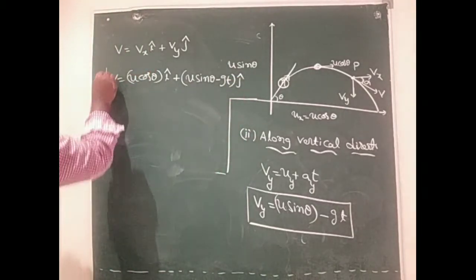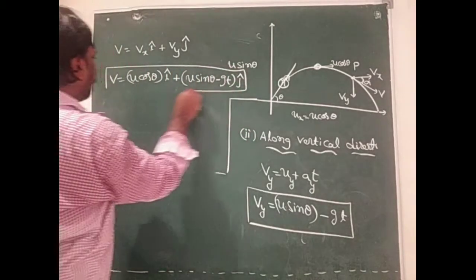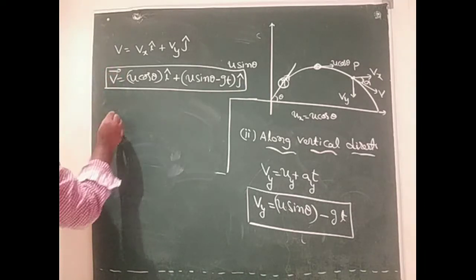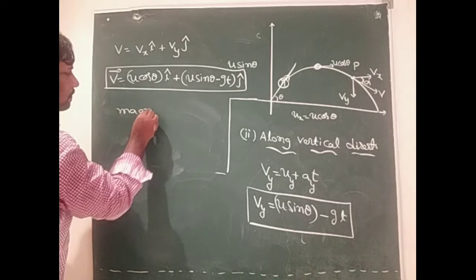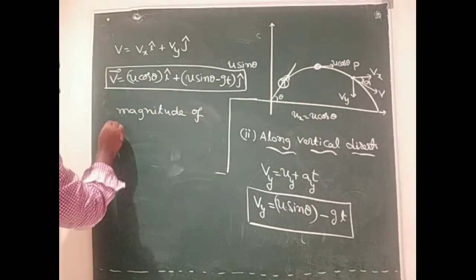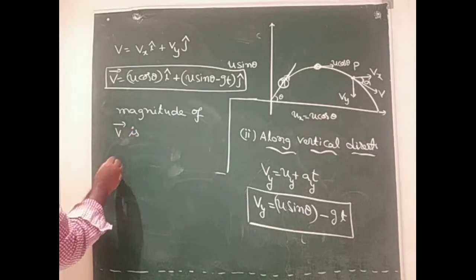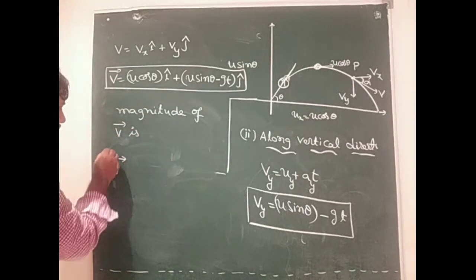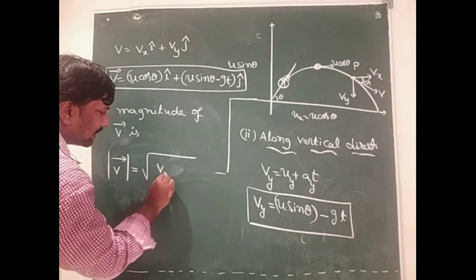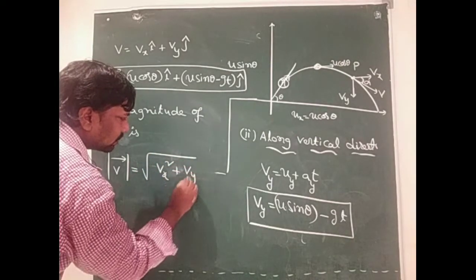So now we can find out the magnitude of v bar. Modulus of v bar equal to root over vx square plus vy square.